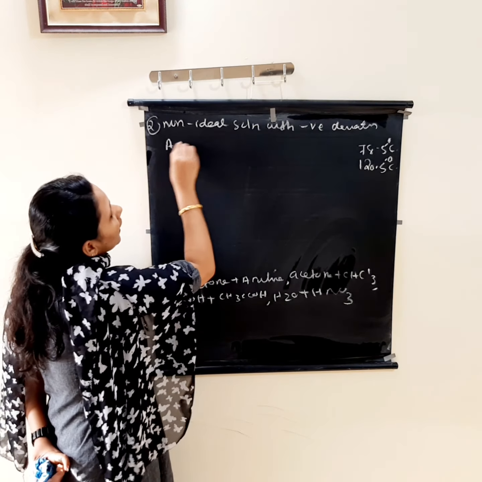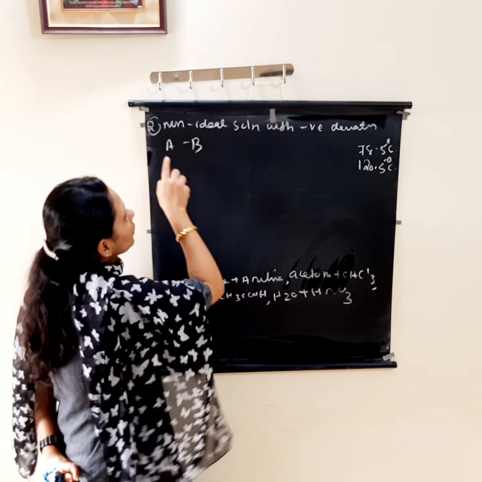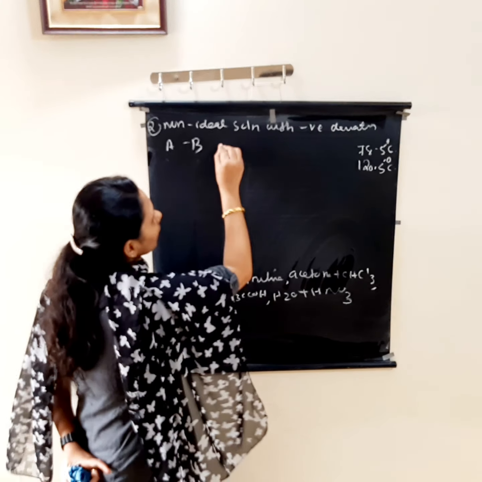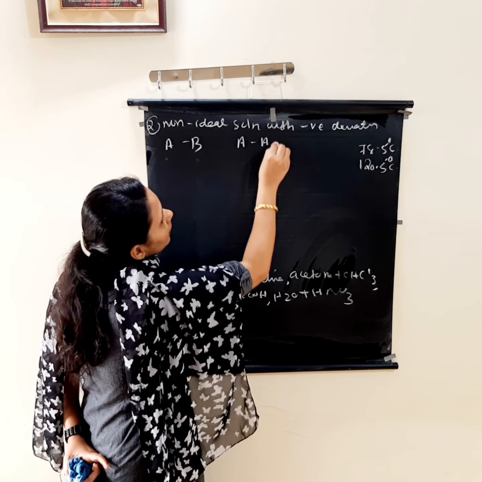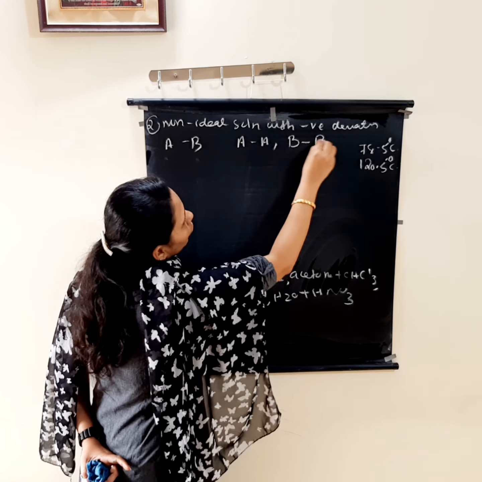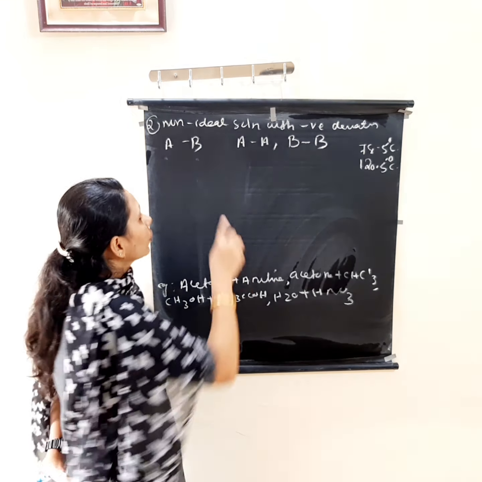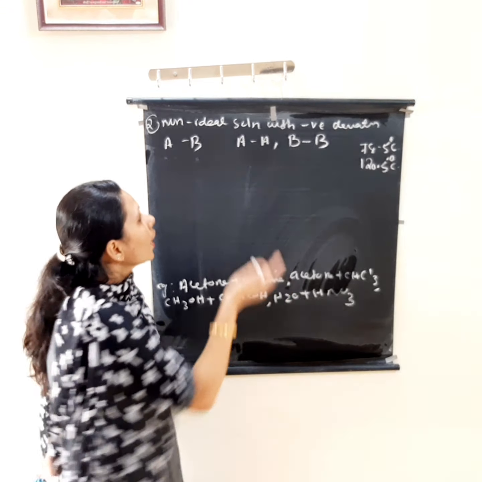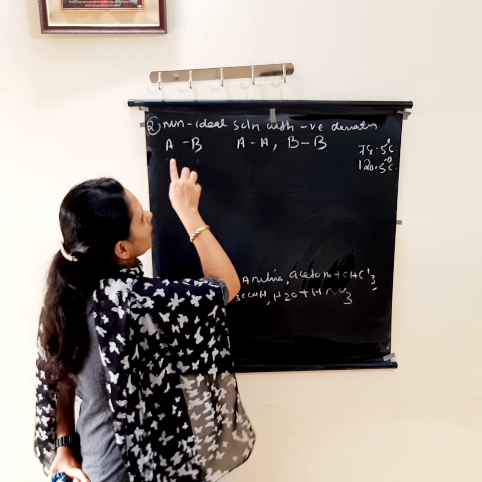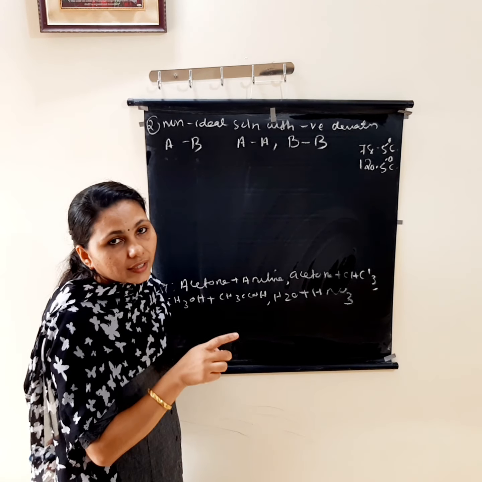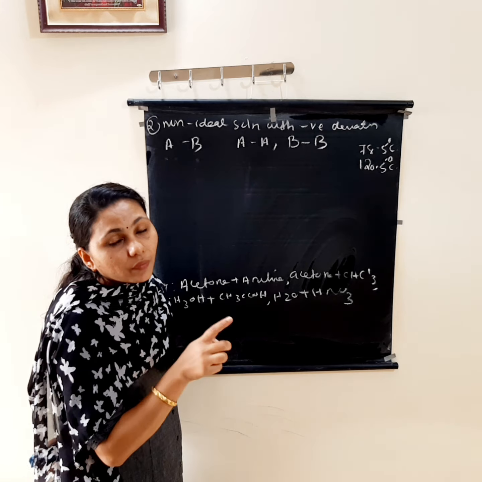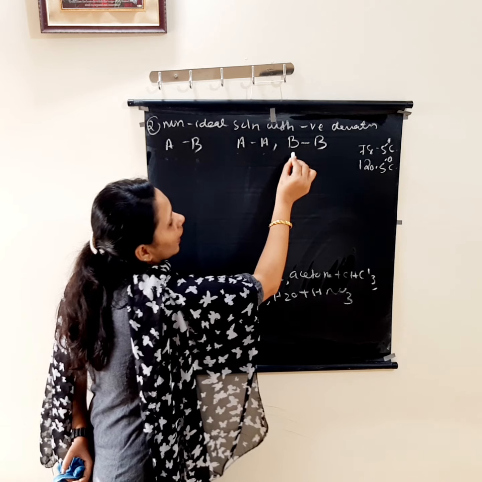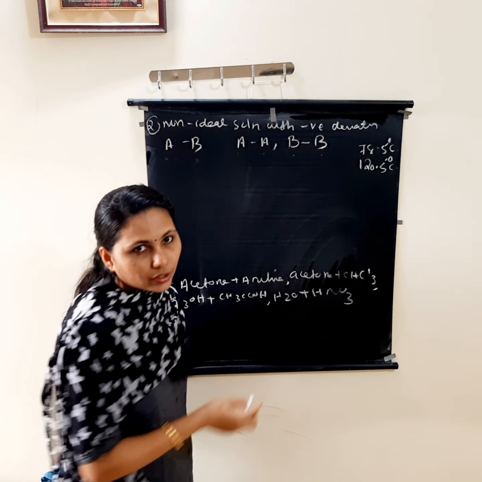In the solution, the AB force of interaction, that means solvent-solute interaction, is stronger than the solvent-solvent and solute-solute interactions. In positive deviation the AB interaction was weaker, so it was easy to break that bond. But in negative deviation, the AB force of attraction between solvent and solute in the solution is greater than that in solvent-solvent and solute-solute interaction.